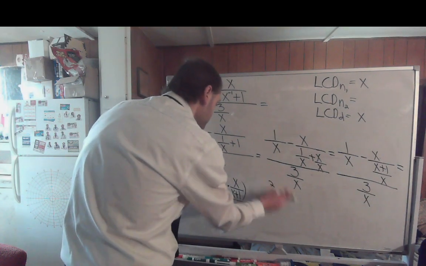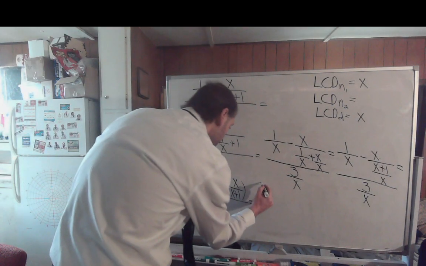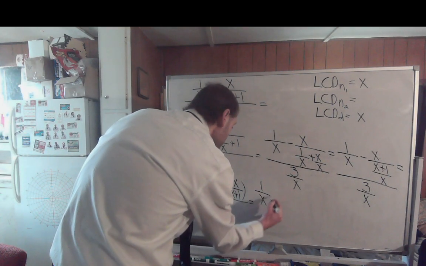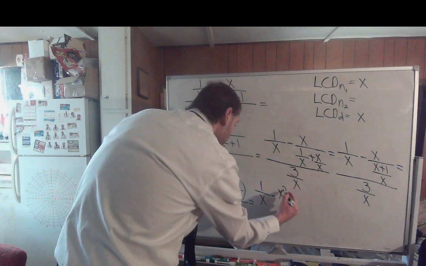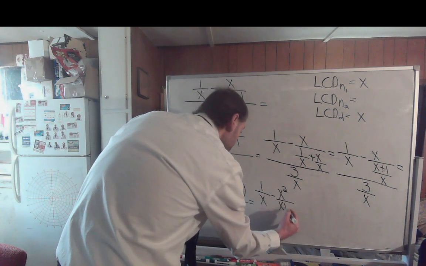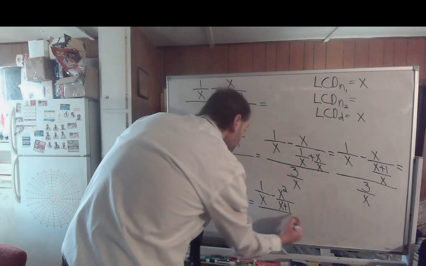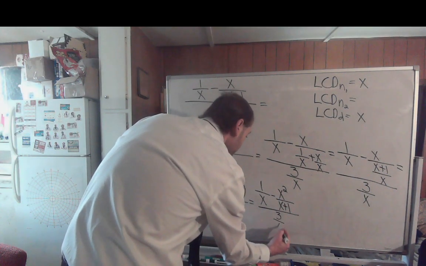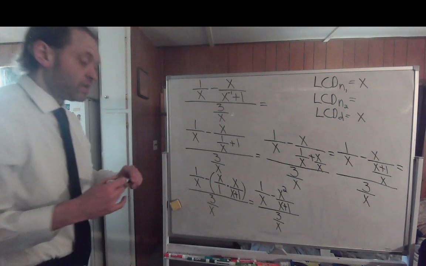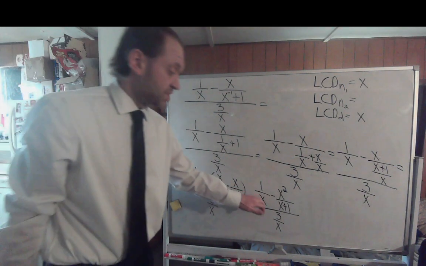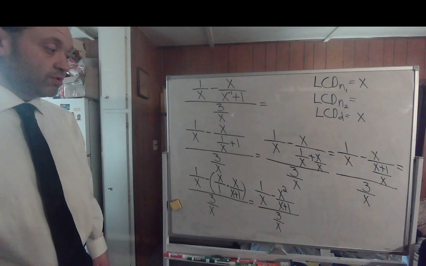Now let's see. Let me just keep this the way it is for a second. 1 over x minus x squared all over x plus 1 all over 3 over x. Now, we have something better to work with in the numerator.